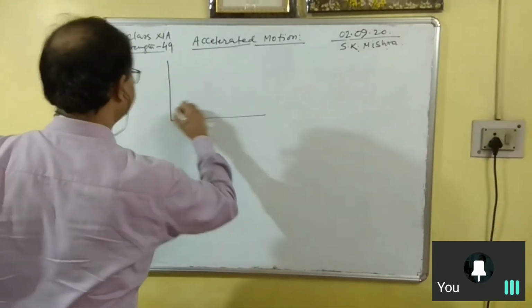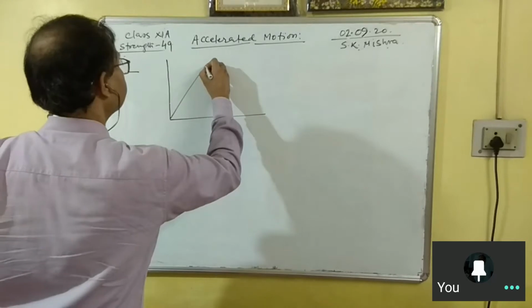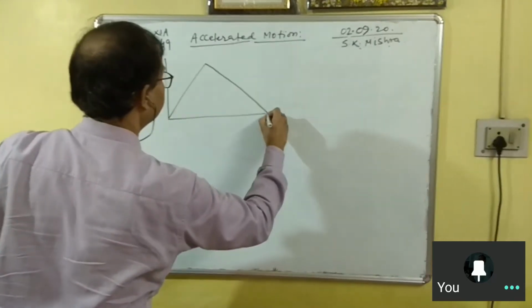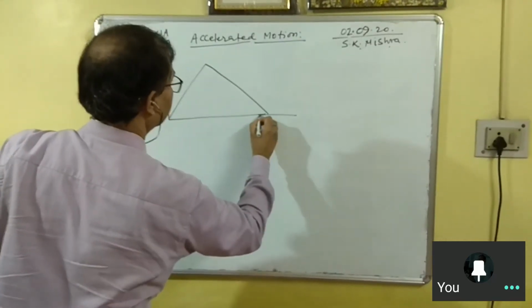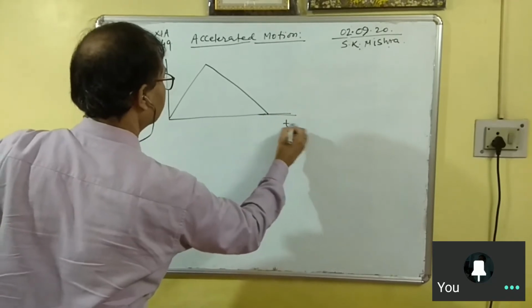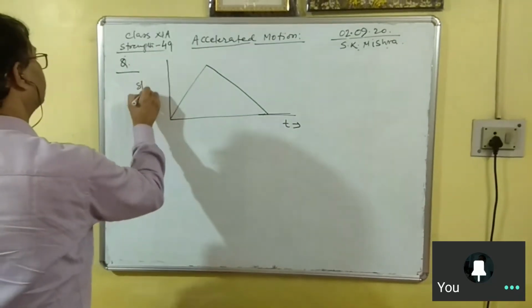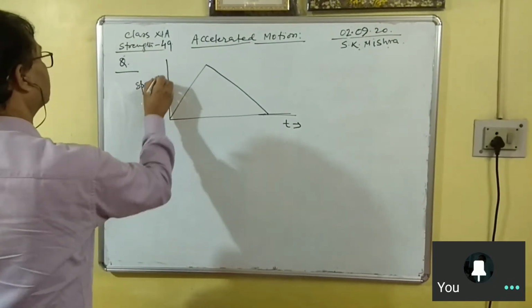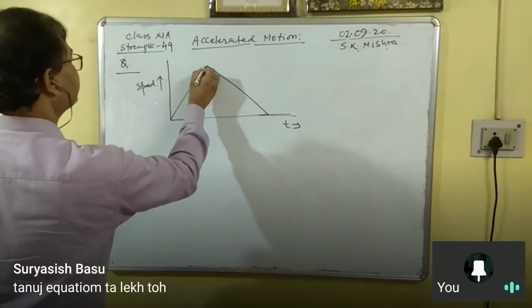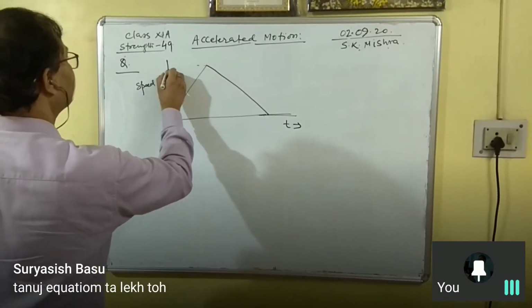Here is the speed time graph. And this speed is given to you, that is the maximum speed.